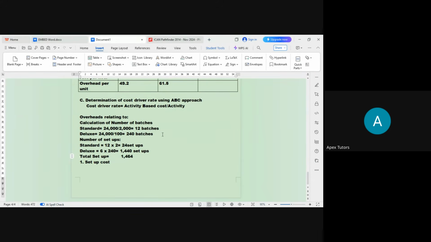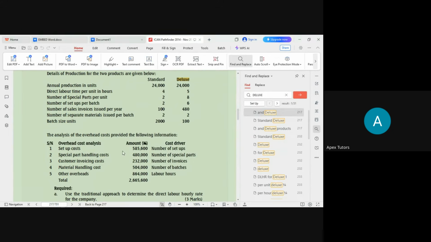Now, for you to know the setup cost in relation to the overhead, what will you do? We're trying to determine the cost driver rate now. The cost driver rate. Now, the setup cost in the question is what? 585,600.